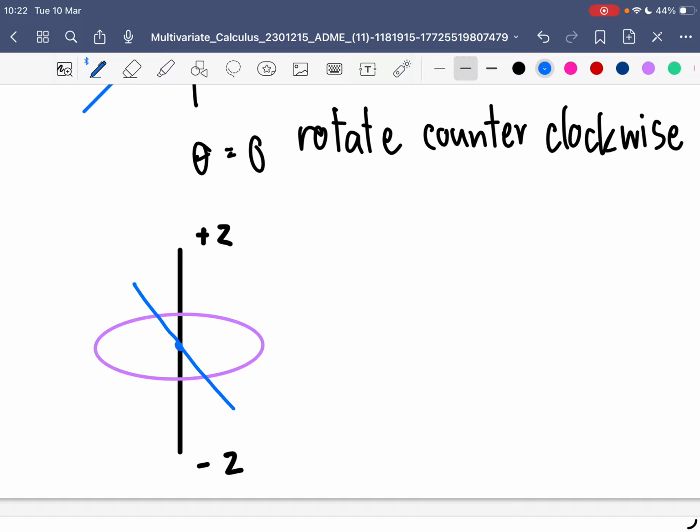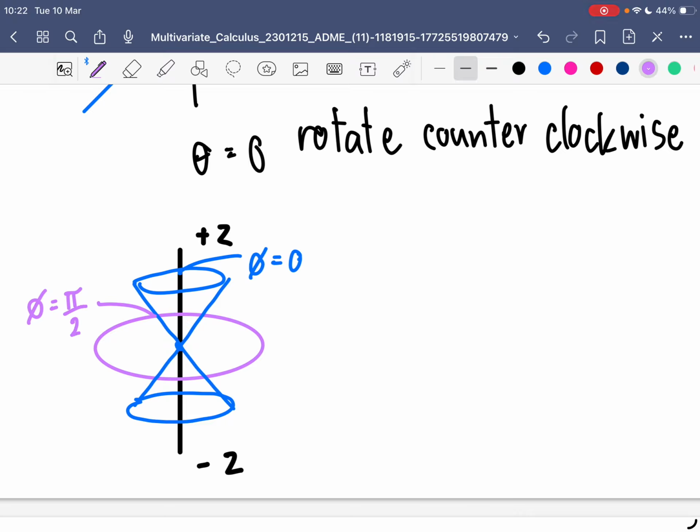Maybe 135 degrees or something like that, like 3 pi over 4. Until your cone starts to wrap up itself and stop, it accumulates at the negative z-axis. That is when it ends. Your final angle is phi being pi. Final phi is pi.